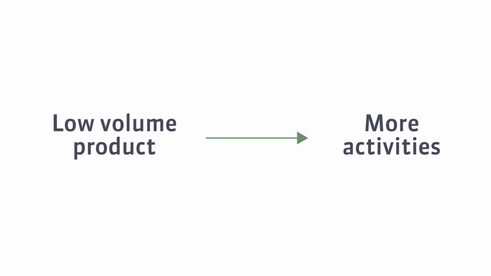But the most important thing from a profitability point of view is that the variable cost of each product will change. This is because normally low volume products often require more activity, such as machine setups and inspections.